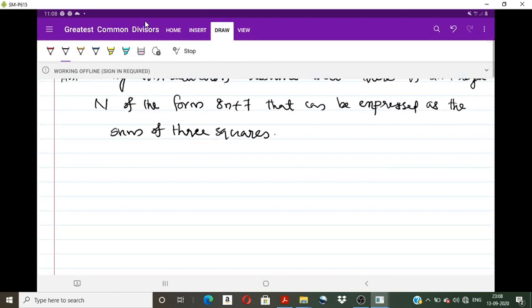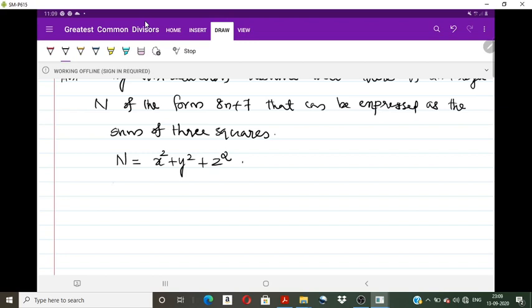That is, N is a number of the form 8n plus 7 such that N equals x square plus y square plus z square for three integers x, y and z.